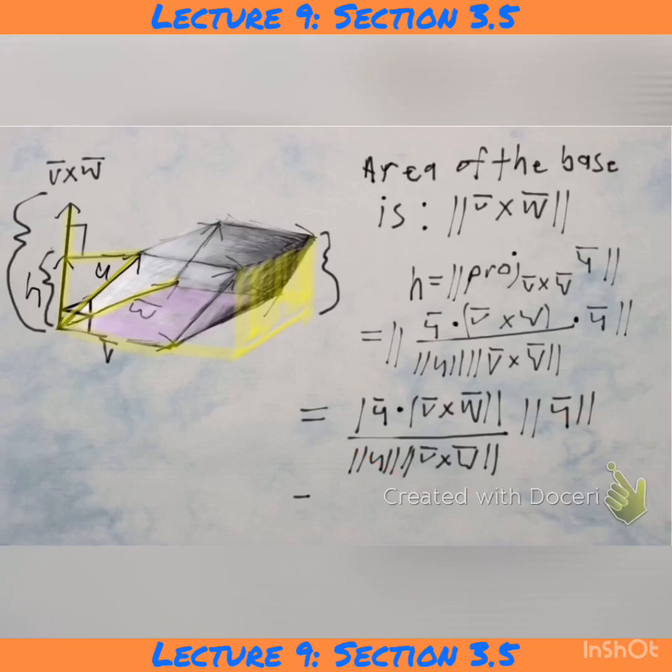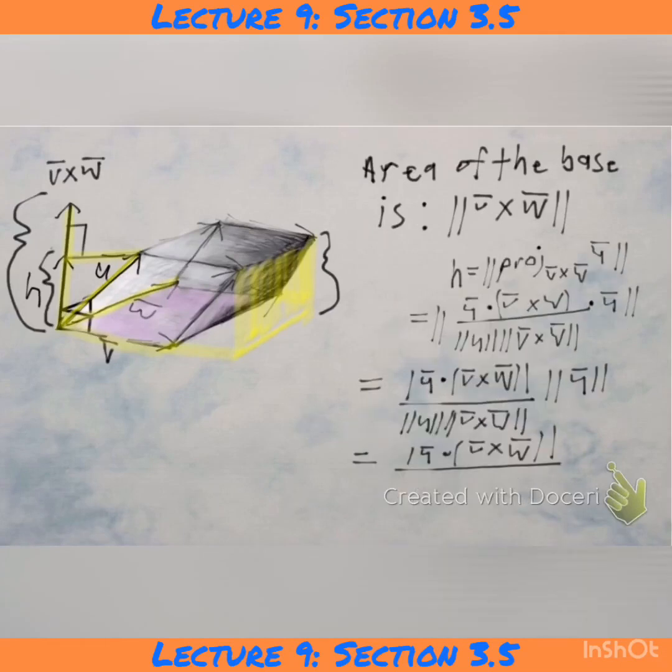And so it becomes the absolute value of u dot v cross w, divided by the norm of the cross product between the two. Okay, so that is an expression for the height of this parallelogram in 3 space.